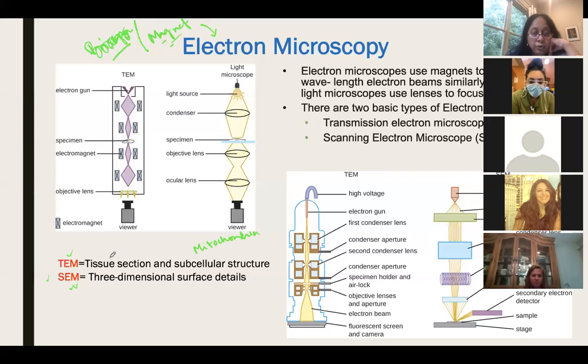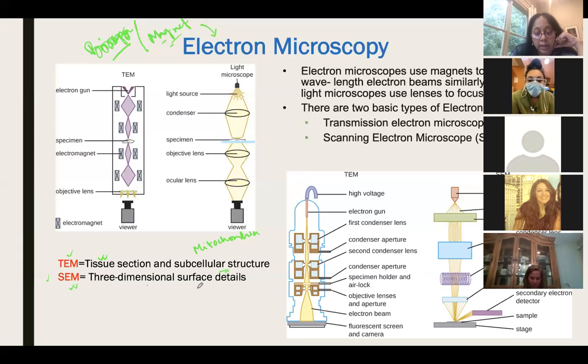We are going to use the TEM. That would be the best choice, right? Because TEM shows the internal detailed structure. With a light microscope, mitochondria are so minute that we cannot really see in detail, right?